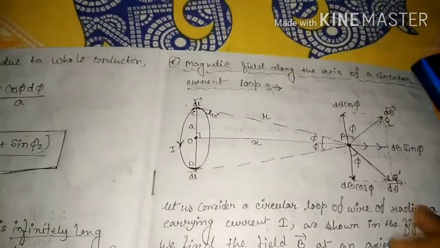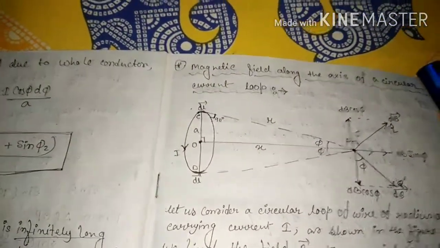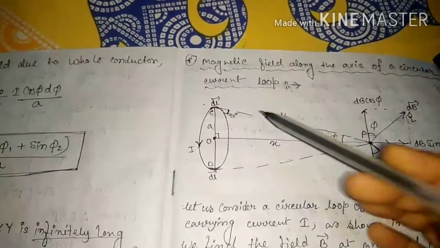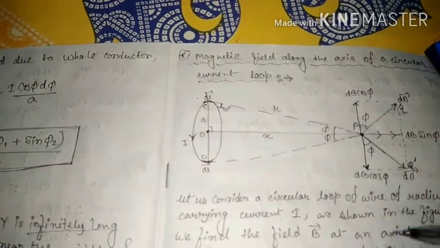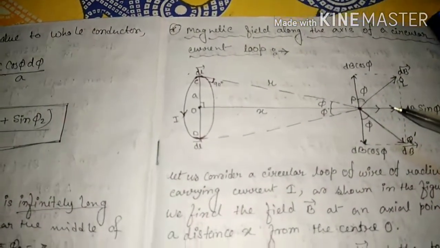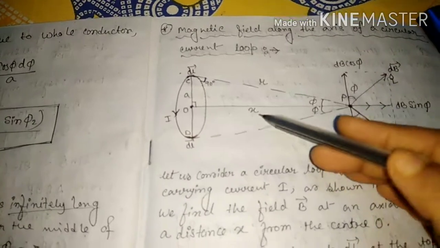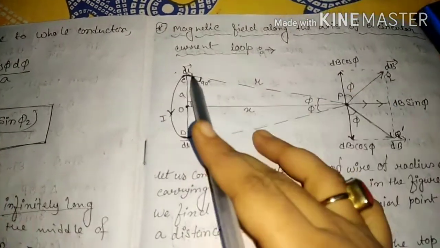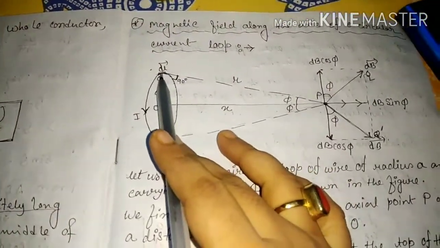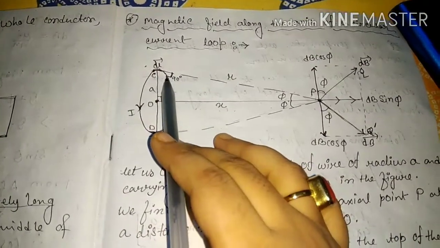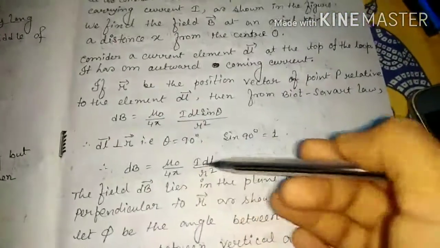First of all, r is the position vector of P related to the element dl. Then from Biot-Savart law we can write dB equals mu 0 by 4 pi, I dl sin theta by r square. Now this dl is very small, so dl and r make an angle of 90 degrees, so theta is 90 degrees.